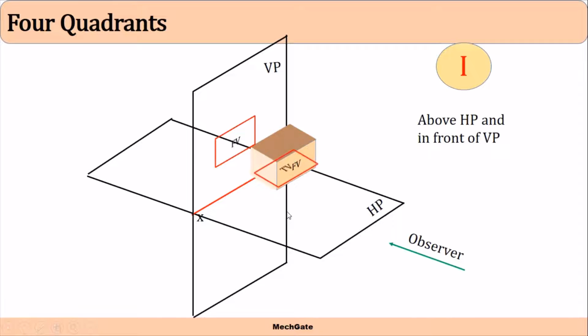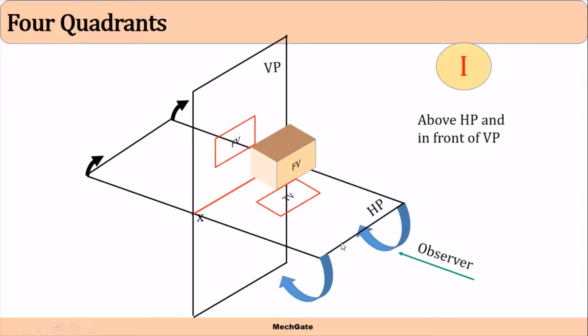Now, to draw this figure on a 2D paper, we have to rotate the horizontal plane in such a way that quadrant 1 and quadrant 3 will open up. If we rotate our horizontal plane in this manner, in the clockwise direction, then the top view will lie below the reference line XY and the front view will lie above the reference line XY.